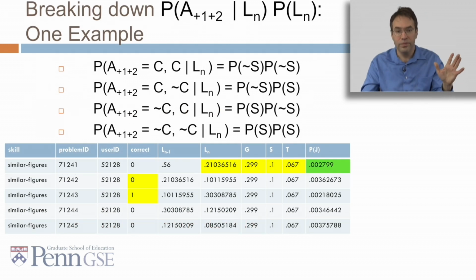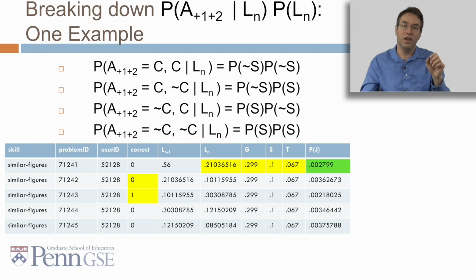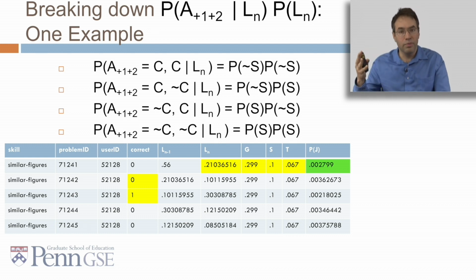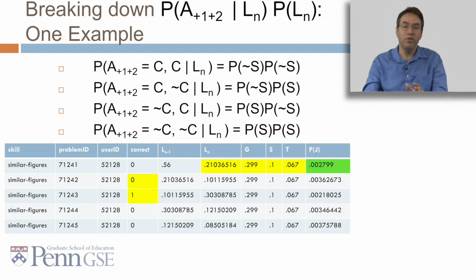One quick example. What about the probability of the next 2 actions given that they knew it times the probability that they knew it? Well, there's only 4 possibilities for those 2 actions. Correct, correct, correct, not correct, not correct, correct, and not correct, not correct. And those turn out to be, if you knew it, the probability of correct, correct, if you knew it, is the probability you didn't slip times the probability you didn't slip.